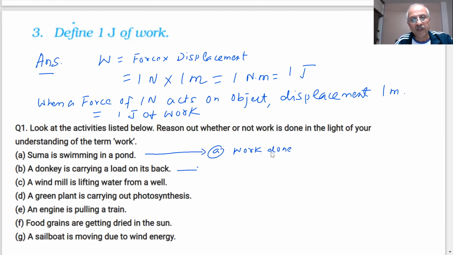Question number B is on the screen. A donkey is carrying a load on its back. What is happening?